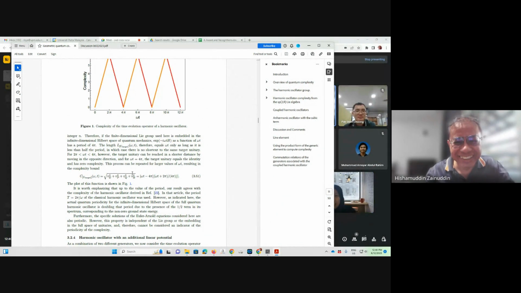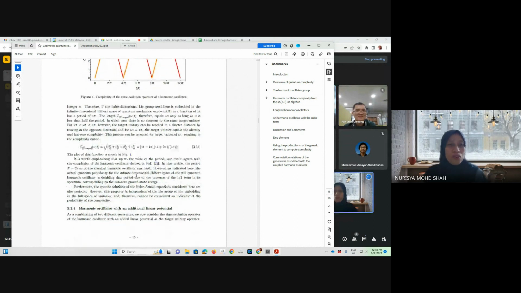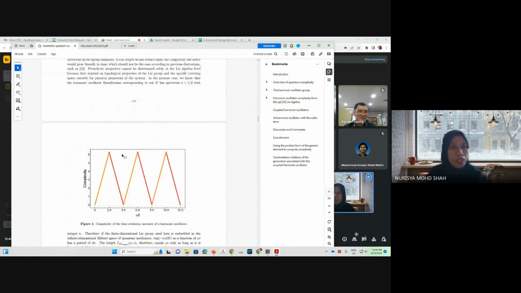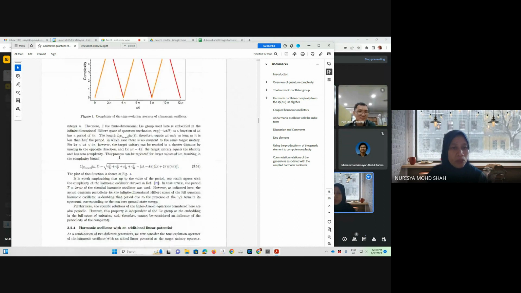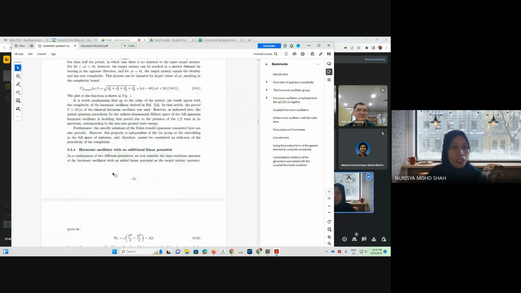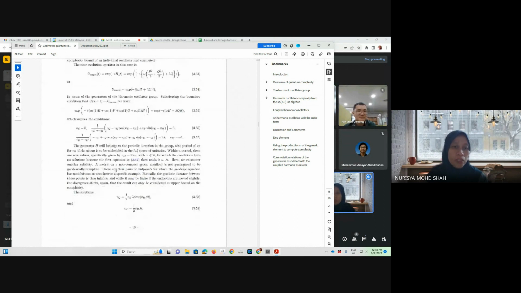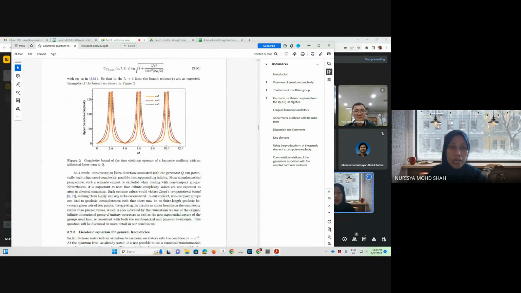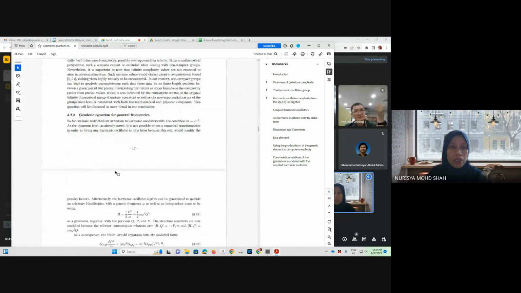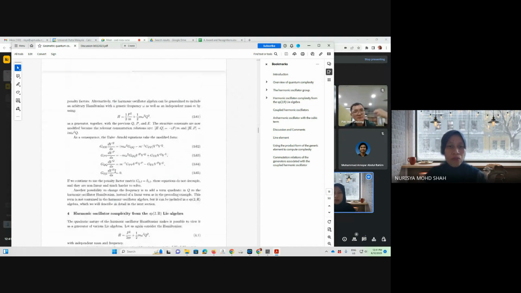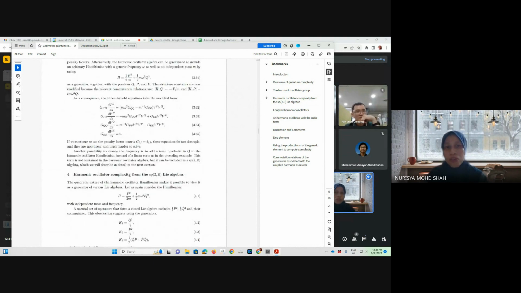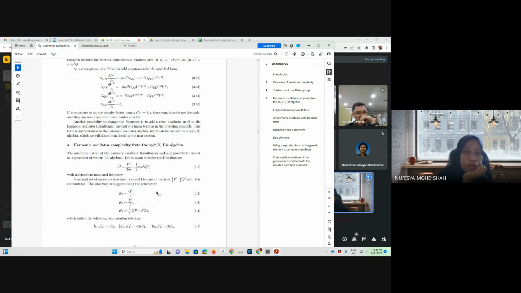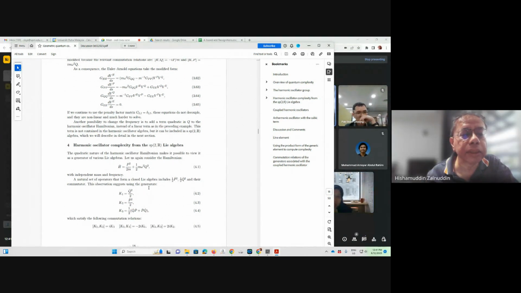Okay, so the first one they discuss is with respect to the harmonic oscillator, and for example, if they want to consider the nonlinear part, they have this sp(2,R) Lie algebra. But it's still a harmonic oscillator, right?